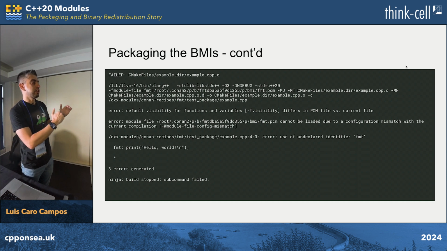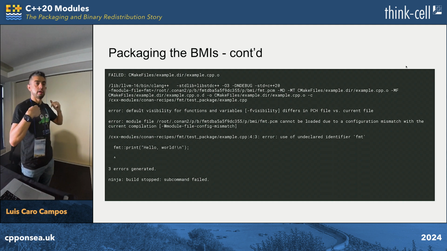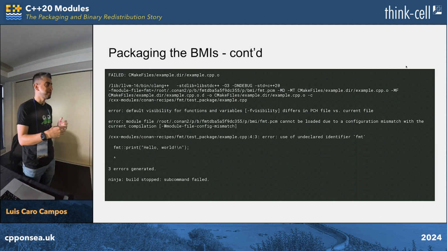So Clang is telling me the BMI was generated with a different visibility flag than the file that you're building now, right? So this is the consumer side. And this is just an example of the many, many ways in which Clang will not accept a BMI that was previously generated unless the compiler flags actually do match.